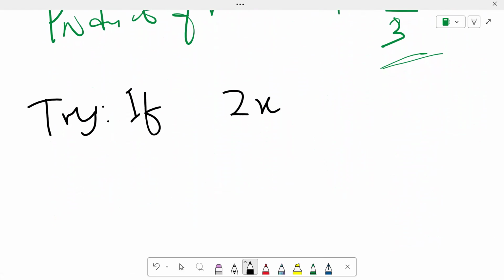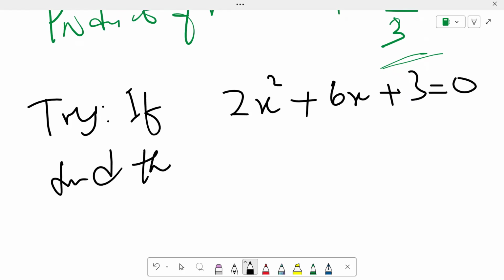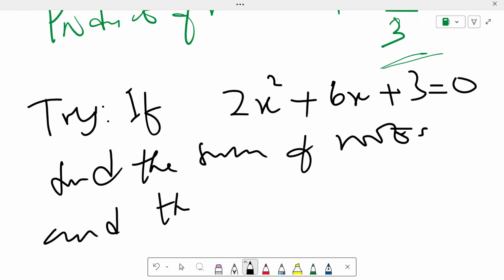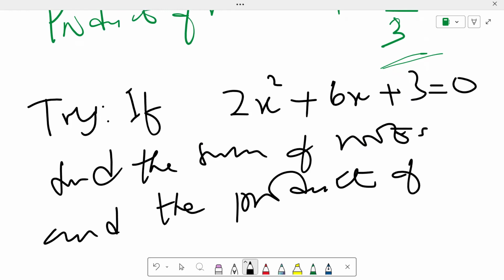If 2x squared plus 6x plus 3 equals 0, find the sum of roots and the product of roots. Okay, so try this one.